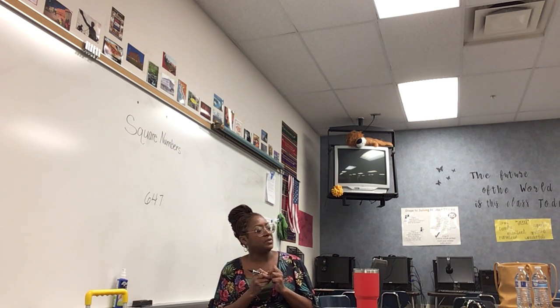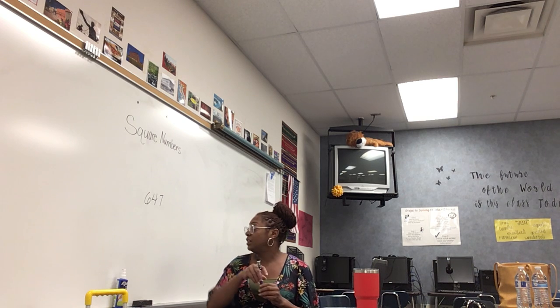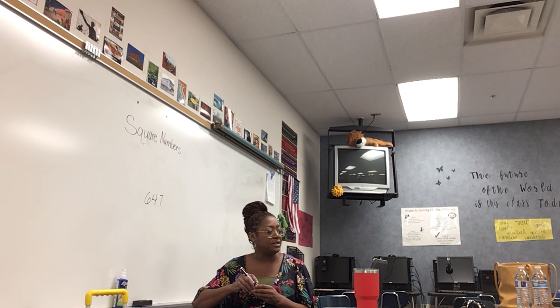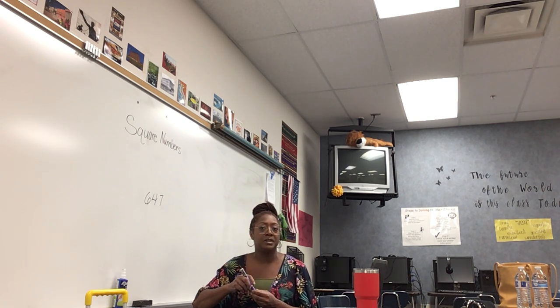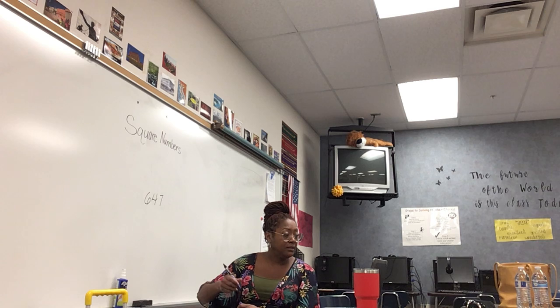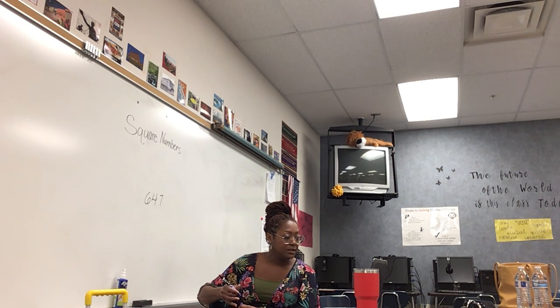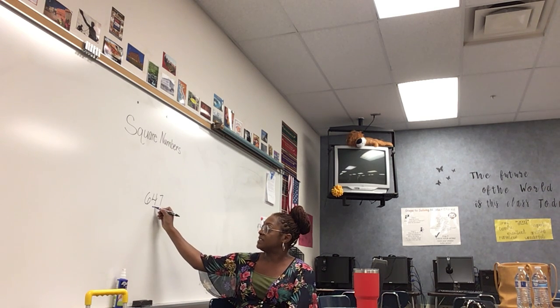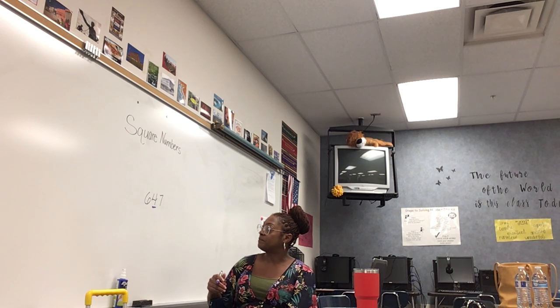But Guadalupe's answering this math question. Guadalupe, I want you to round 647 to the nearest 100. Not 700, you're going to look at this 4 in the tens place.